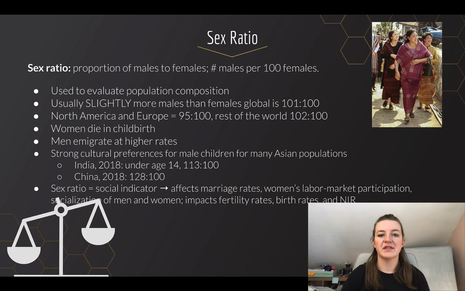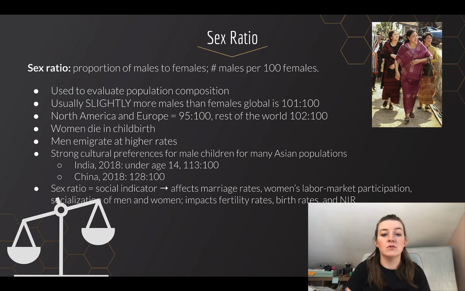Another reason is that many places have a strong cultural preference for male children. This is particularly true in many Asian populations. India, for example, in 2018, for boys under the age of 14, had 113 males for every 100 females.